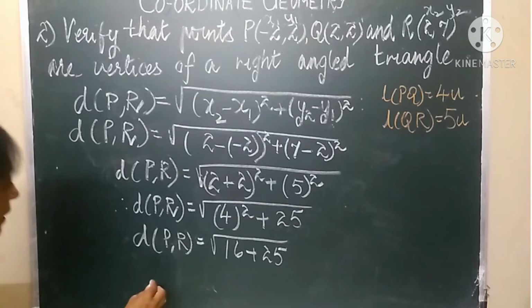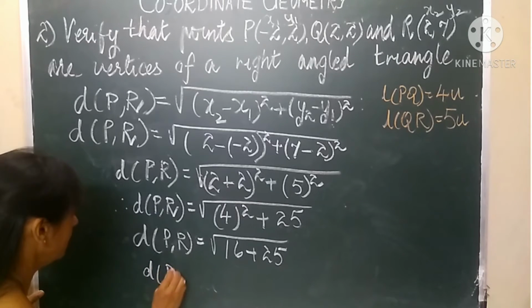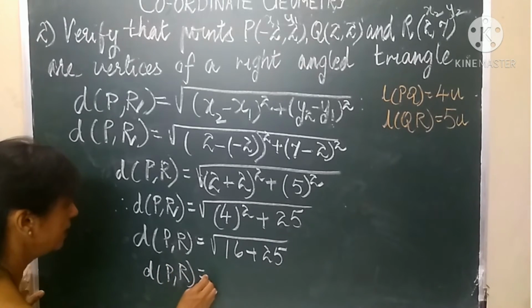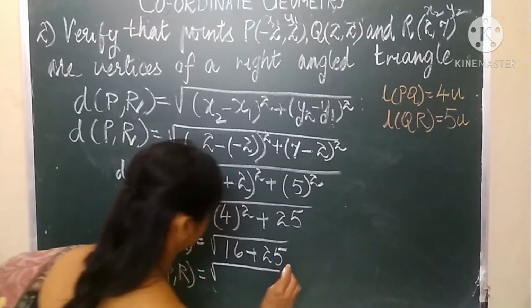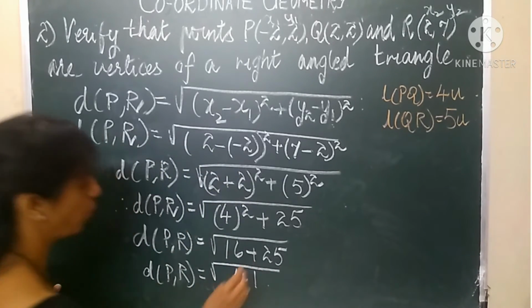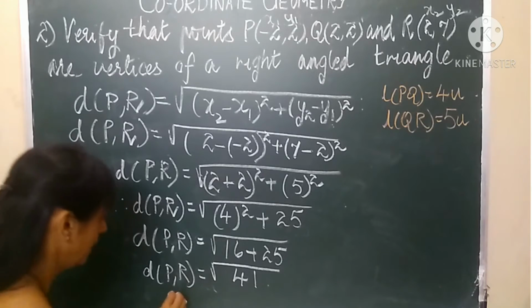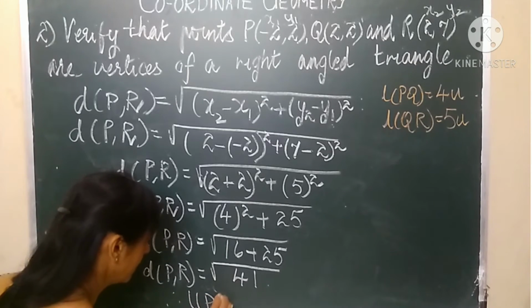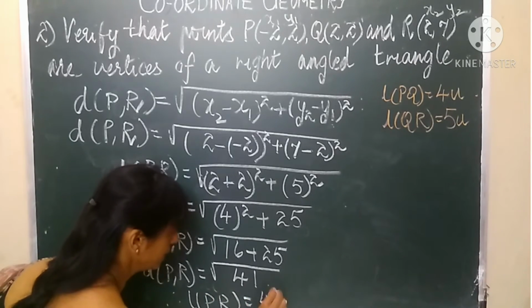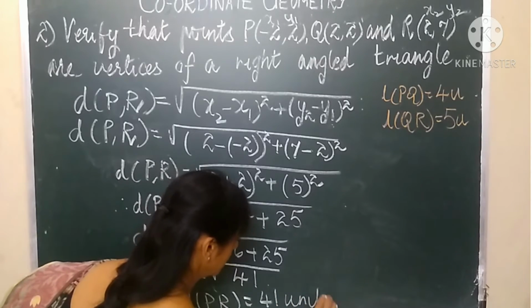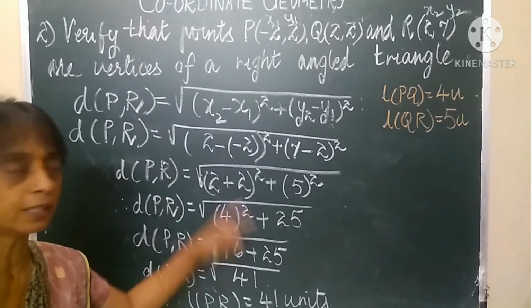So over here we get distance PR is equal to root 41. So over here length PR we can say is equal to root 41 units. So what did we do in the last case?